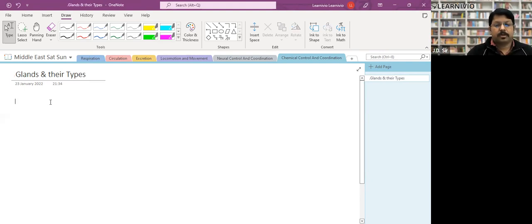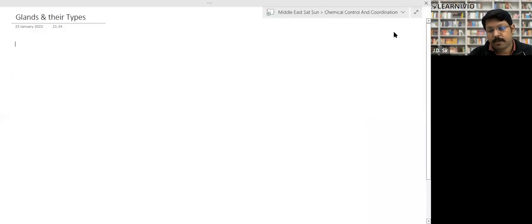So there are basically two types of gland. Glands are made up of glandular epithelium tissue, a modification of epithelial tissue, right?